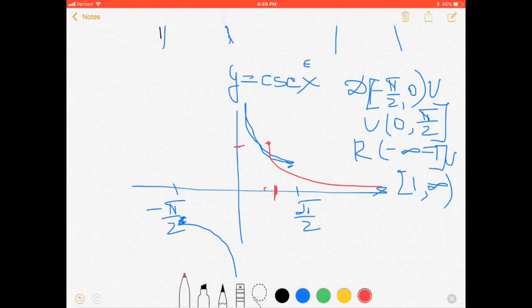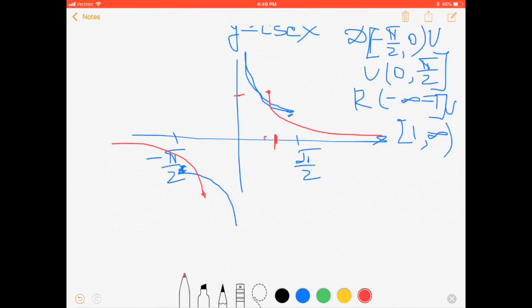This is the part here. And for the red graph, it will be y equals arcsecant, arccosecant, sorry.